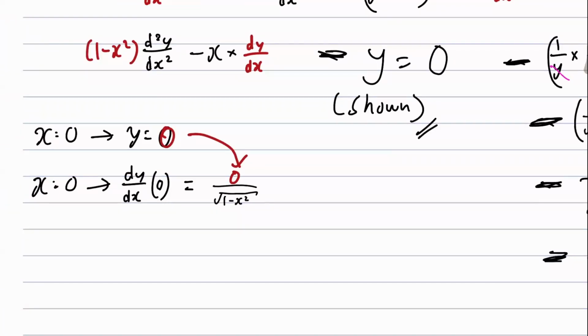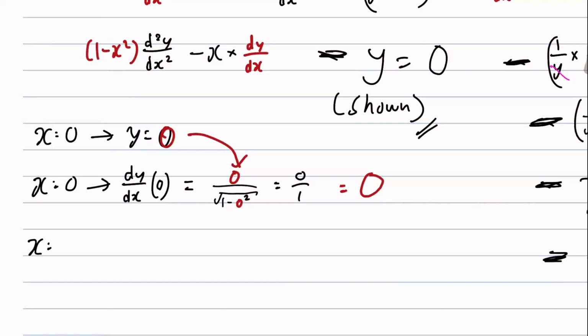So you can replace that y with a 0. And 0 divided by anything is really just equal to 0. You don't even need to sub the x. But if you really wanted to, it will become 1 minus 0 squared. 1 minus 0 squared, that's just 1. Square root 1 is just 1. So it's 0 over 1, which is 0. Okay?